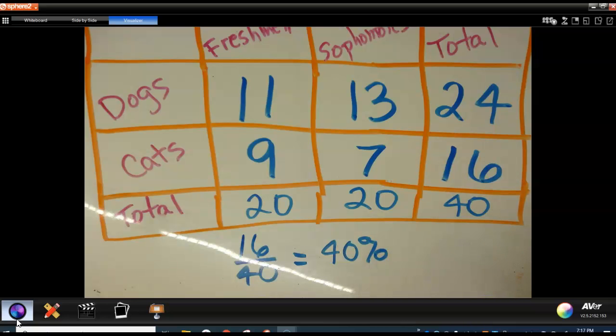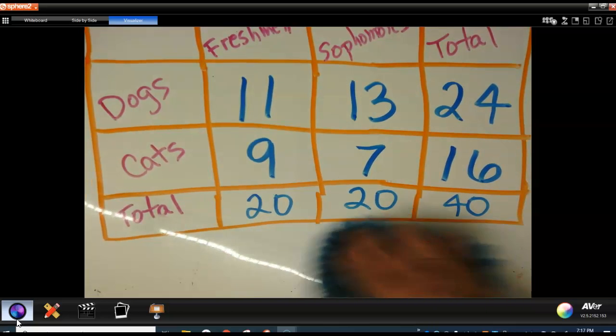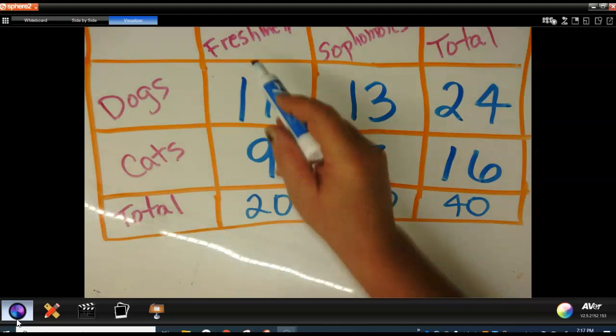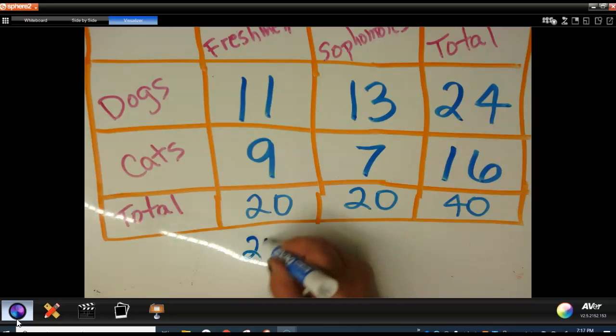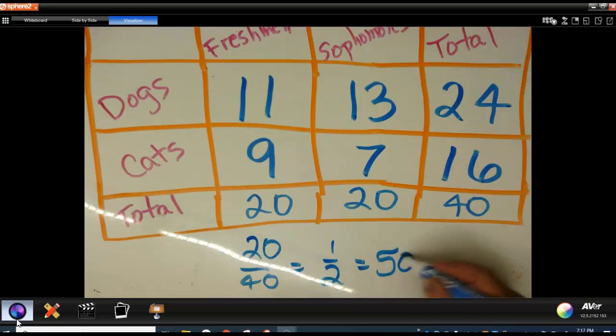What percentage of the students surveyed were in the 9th grade? Well, hopefully that was an easy one. Well, if 20 freshmen out of 40, that would be 20 divided by 40, which is 1/2, which is 50%.